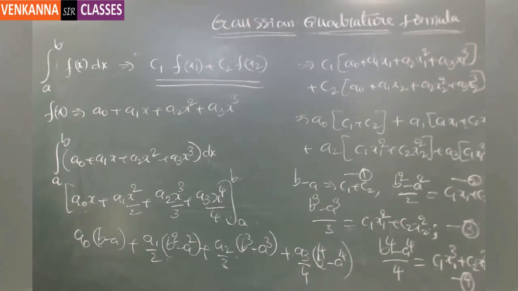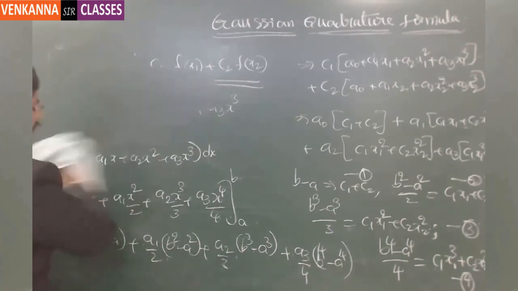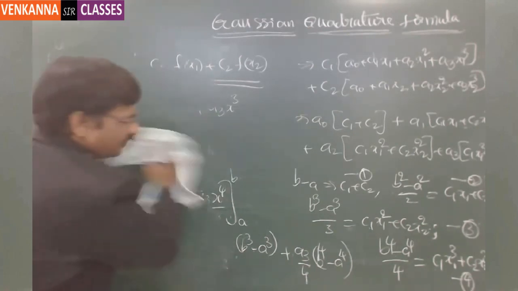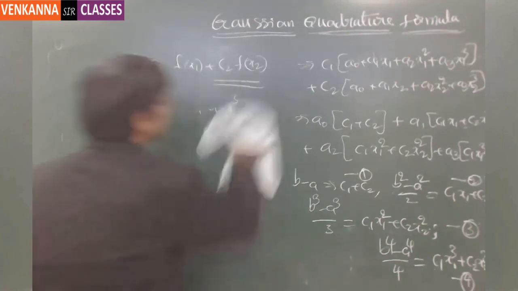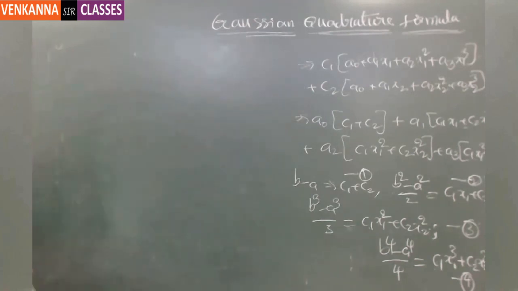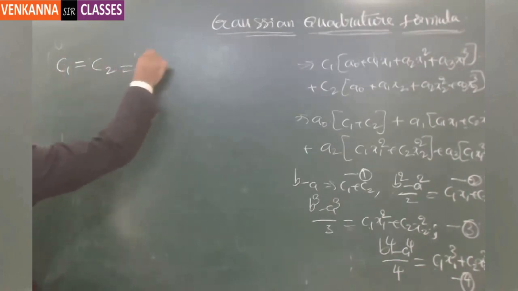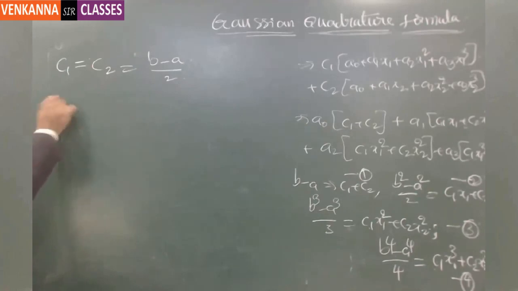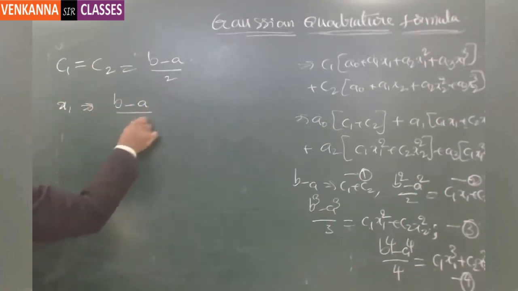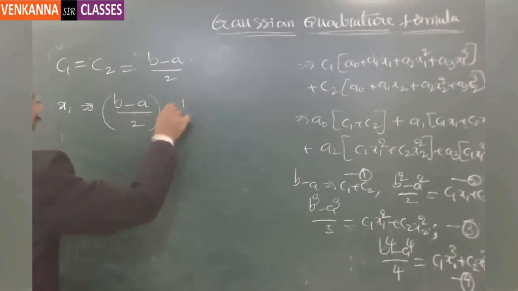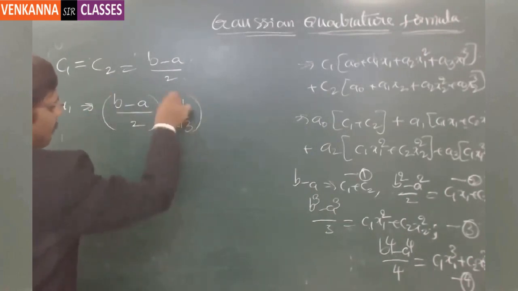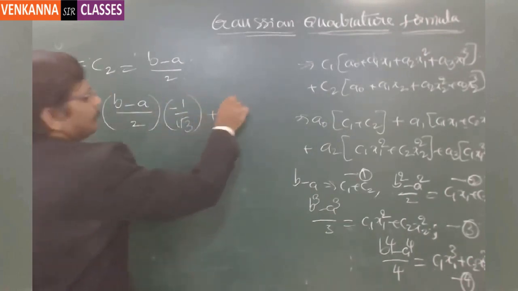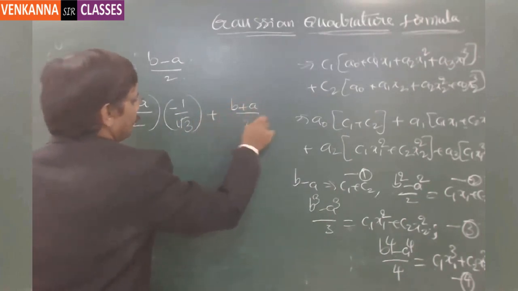Then the values of the unknowns are the C1, C2 values. After solving all these four equations, you are going to get C1 equal to C2 equal to (B minus A) by 2, and X1 is equal to (B minus A) by 2 times minus 1 by root 3, plus (B plus A) by 2.